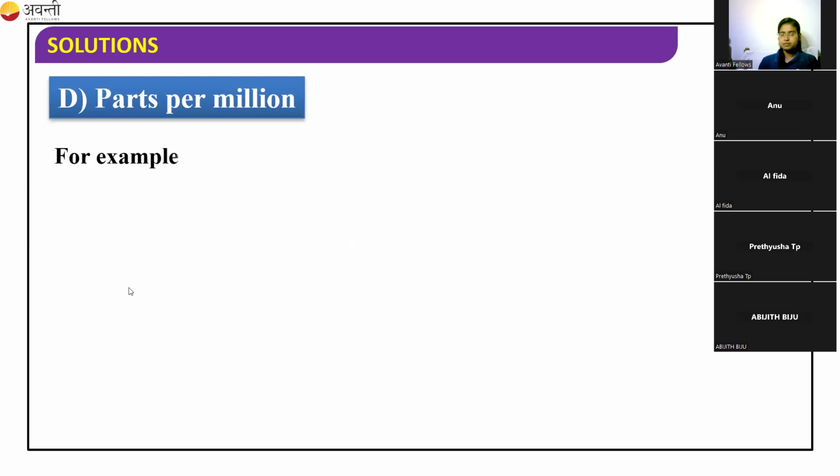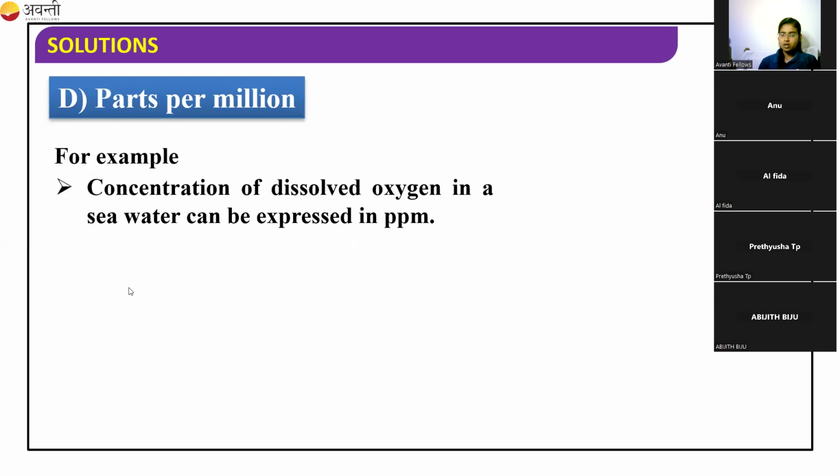Now, for example, the concentration of dissolved oxygen in seawater can be expressed in ppm, because seawater is a huge amount, you know. So the amount of oxygen, which is a gas, will be very, very less. So it can be expressed in terms of ppm.